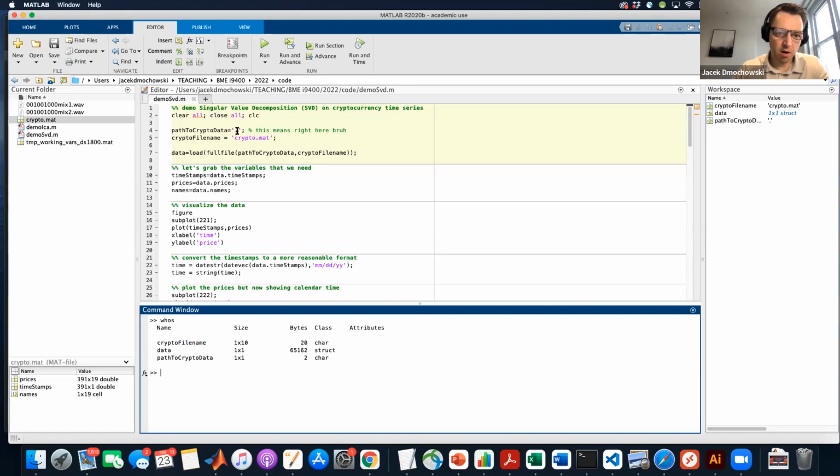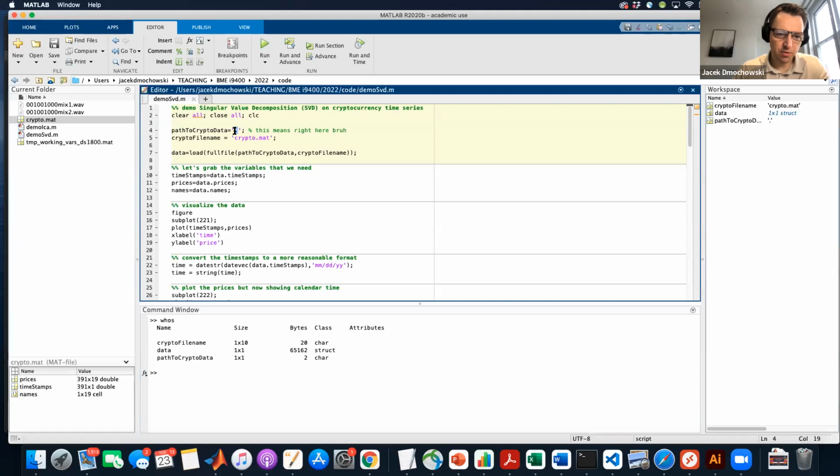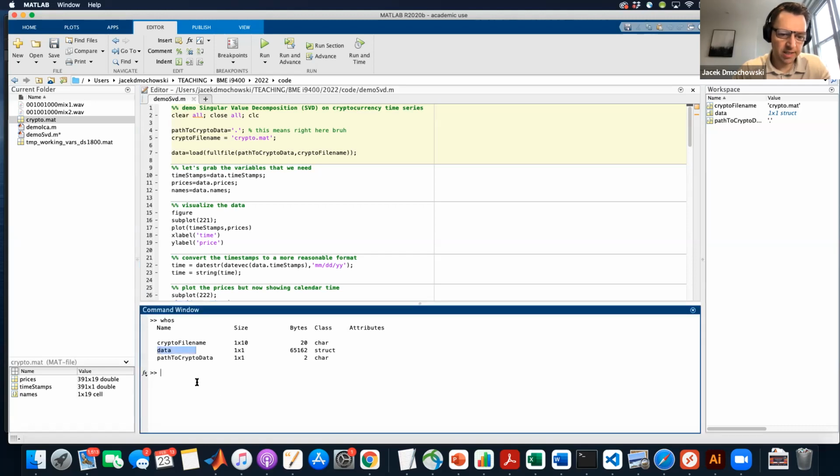The path, with the dot, is a relative path to the present directory. If I did two dots, that means one level back, and so on. The important variable here is called data, and as you can see, it's a struct.